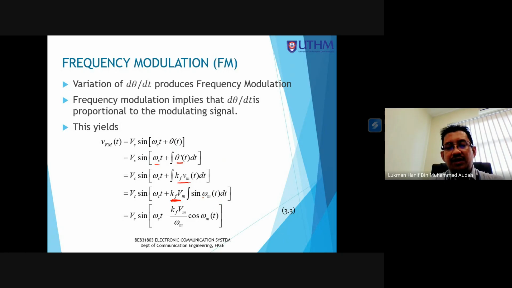The integral of sine omega m t gives negative cos divided by omega m.